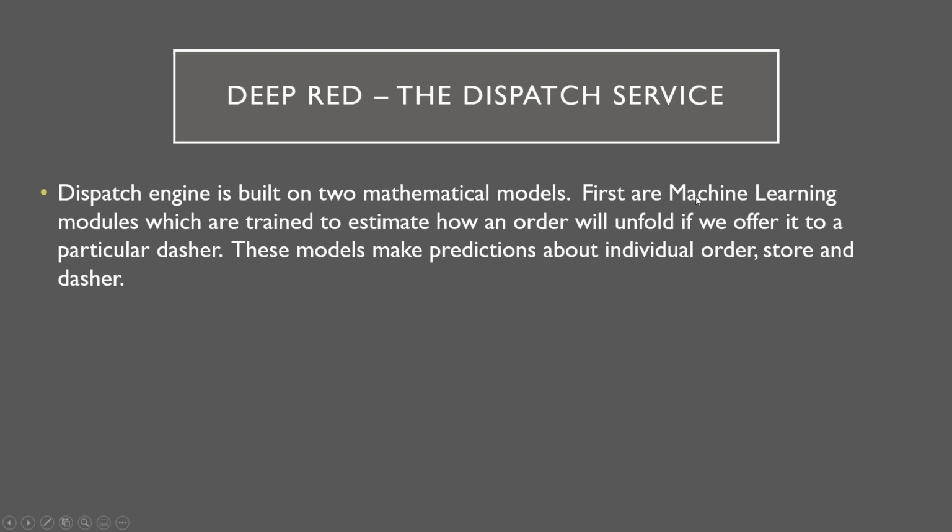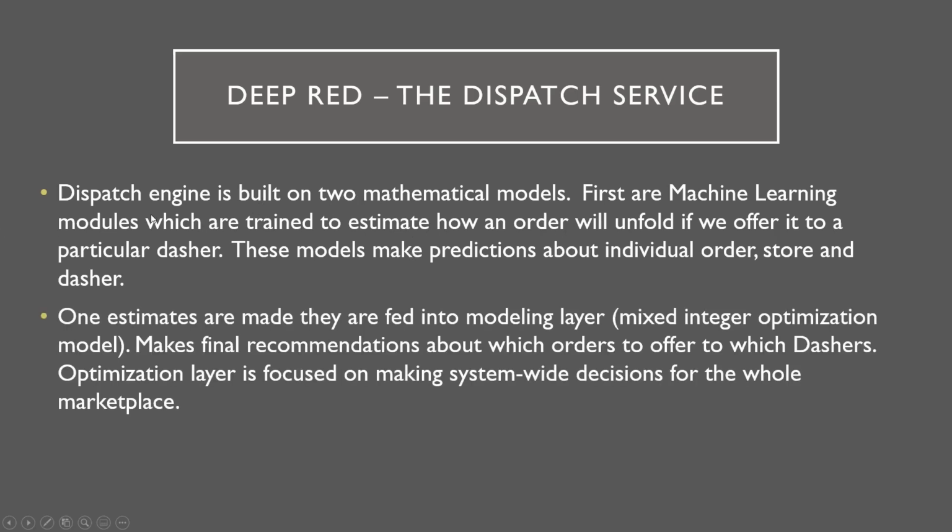So this is based on machine learning, and it learns as it simulates while it goes. So supposedly it keeps learning as it tries different things and tries different combinations. And it'll create predictions. Once estimates are made, they are fed into the modeling layer, a mixed integer optimization model. This layer makes final recommendations about which orders to offer to which dashers.